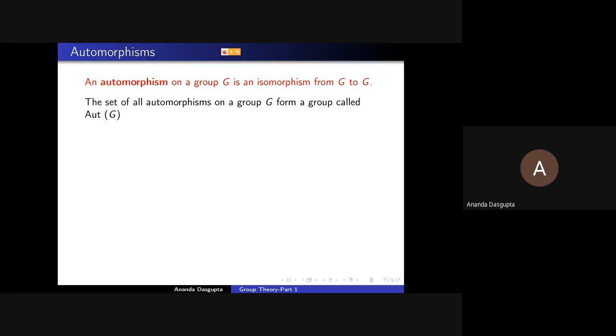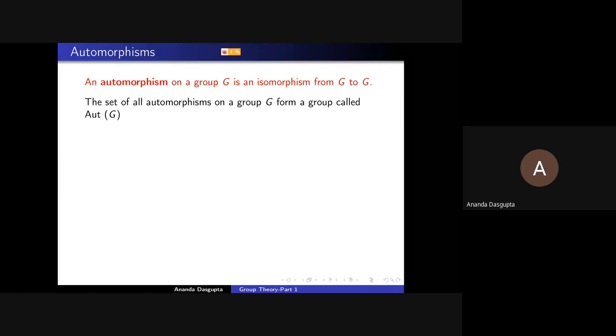If you collect all the automorphisms together, the automorphisms are maps acting on a group G. But you can compose automorphisms, right? Or you can compose maps. You know how to do that. We have been doing that all the time. You just apply one map after the other. So you start with a group G, which may be a group of some elements. You have a map on the group G, and if you have more than one map on the group G, you can compose them together.